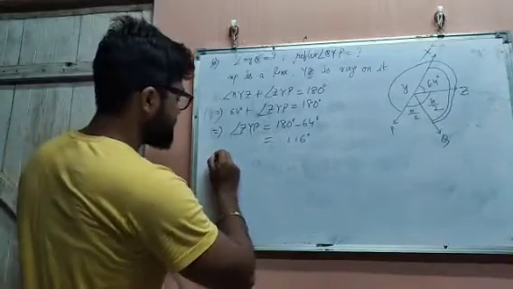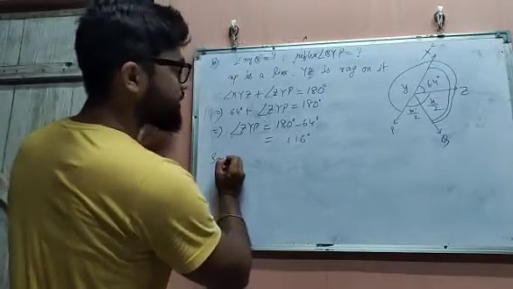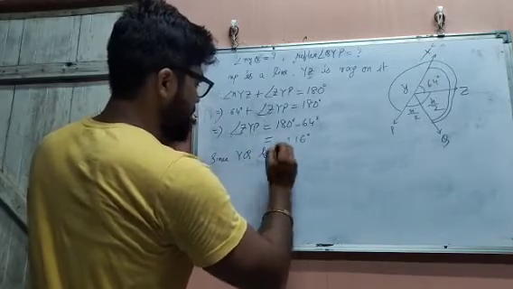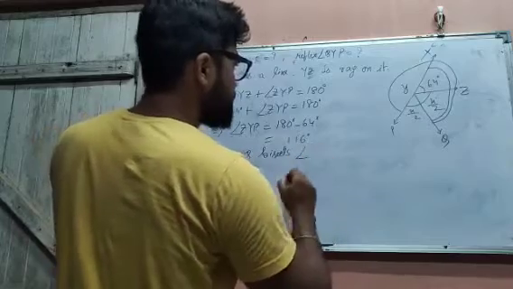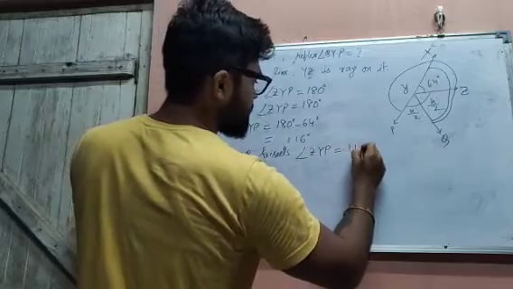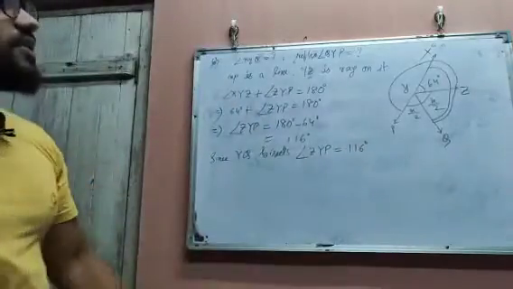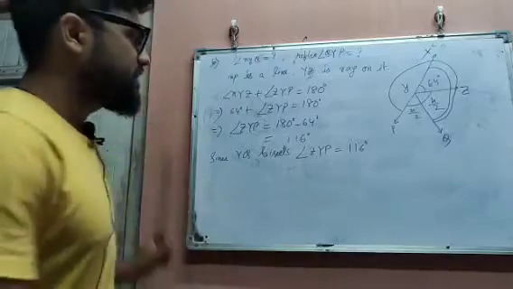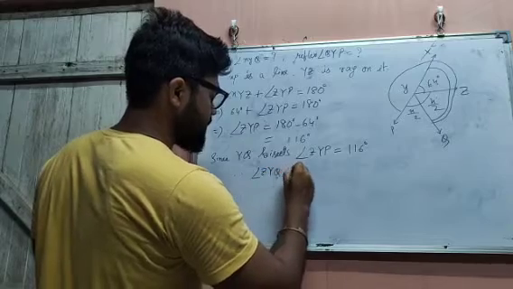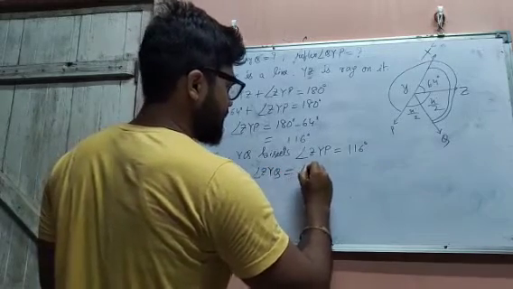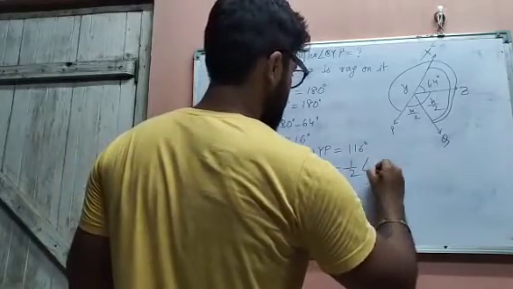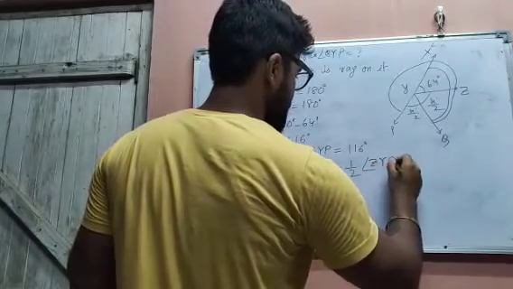Since YQ bisects angle ZYP equal to 116 degree, angle ZYQ equals angle PYQ equals half of angle ZYP.